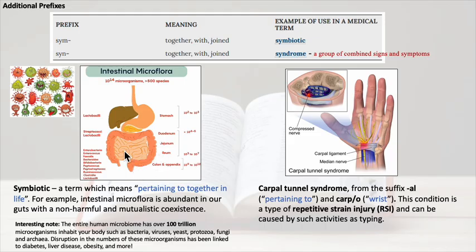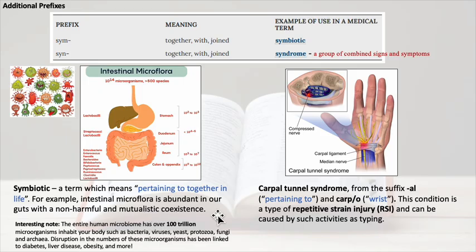So the bacteria that is in our intestines. This is referred to as intestinal microflora, which is very abundant in our intestines. And there's a very non-harmful and mutualistic coexistence. So the bacteria that live within our gut, but also throughout our whole body, refer to the human microbiome.